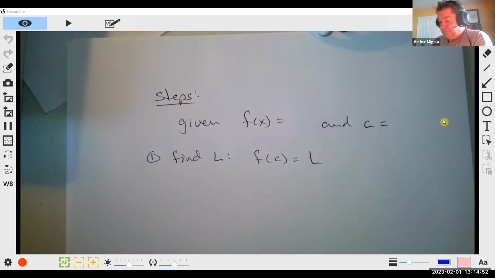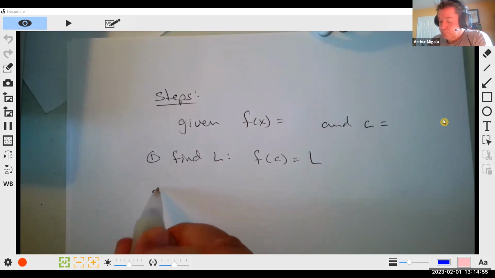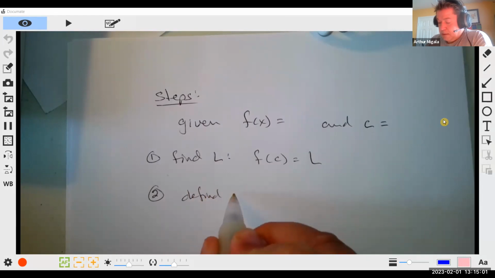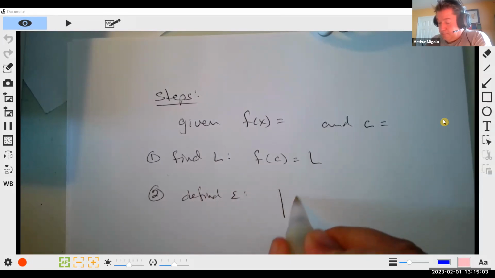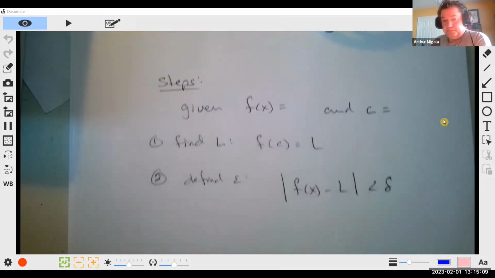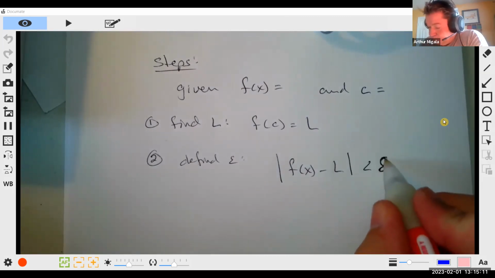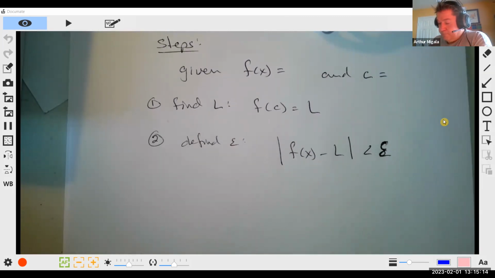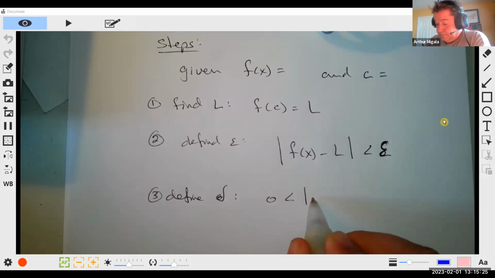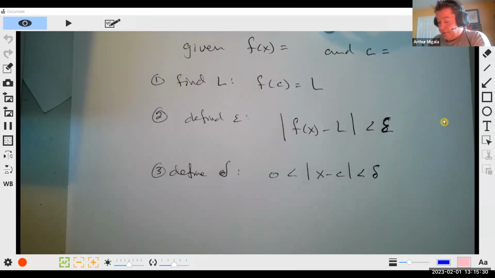That gives you L. Define epsilon. Work it out. Define delta. Work it out.